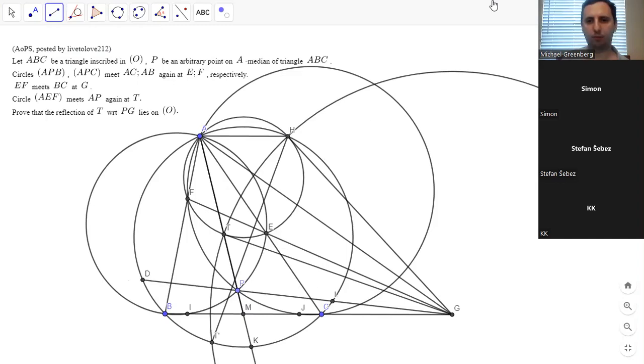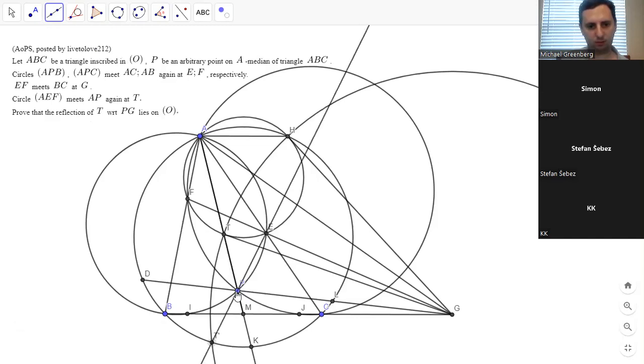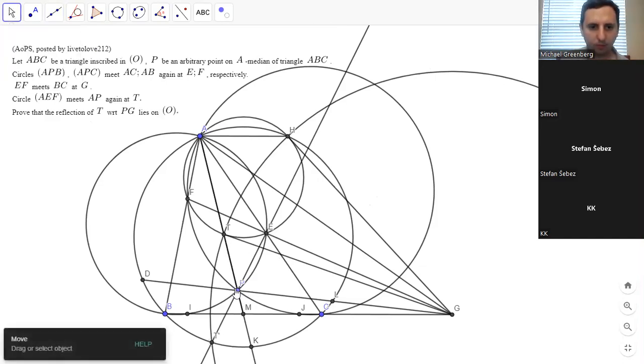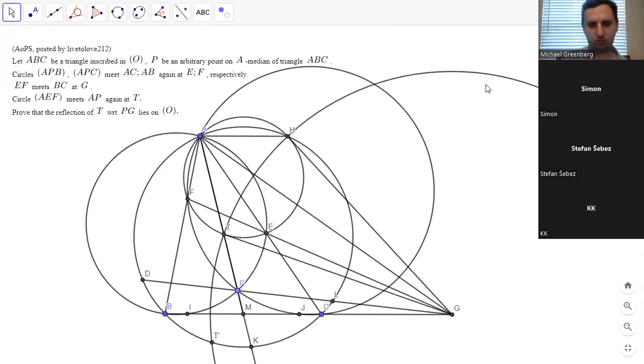That would only be true if this were parallel to H. I think this is a coincidence that these are collinear. I think if I move things around, it's not true. Basically, we want to show T prime K is parallel to LD.